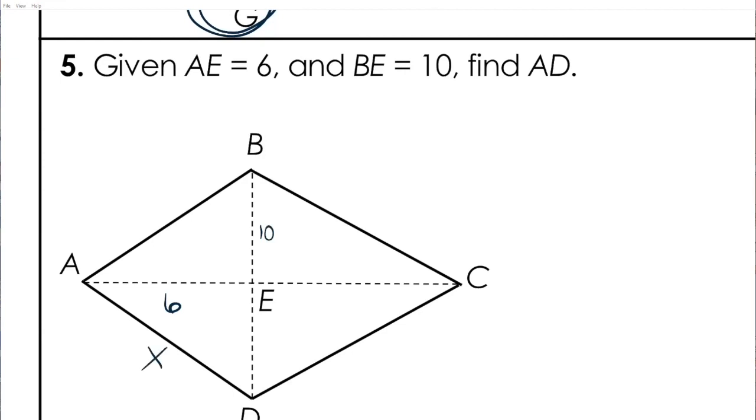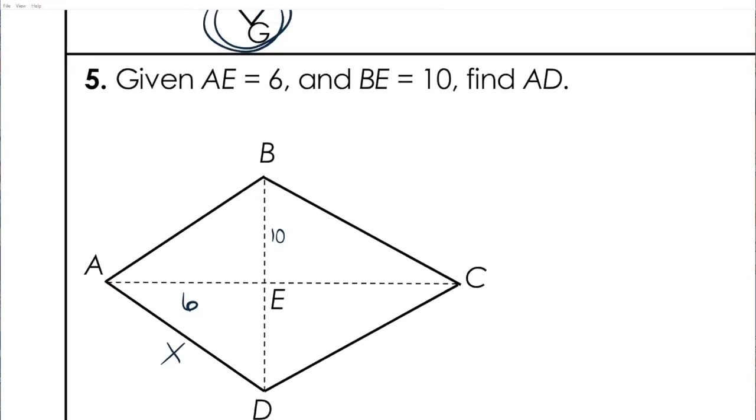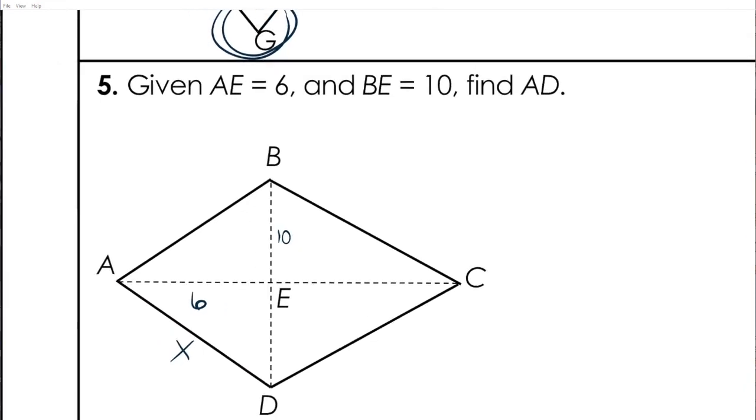Now, here's where we got to go back to an old friend. So this guy right here in the middle, what specific triangle do we have? A right triangle. Absolutely.